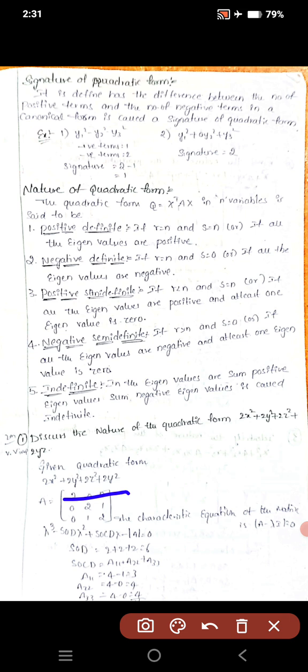From this matrix we have to find the eigenvalues, using the shortcut formula. Lambda cube minus sum of diagonals lambda square plus sum of cofactors of diagonals lambda minus determinant of A equal to 0. Sum of the diagonals is 6; sum of the cofactors A11 plus A22 plus A33 we get these values.